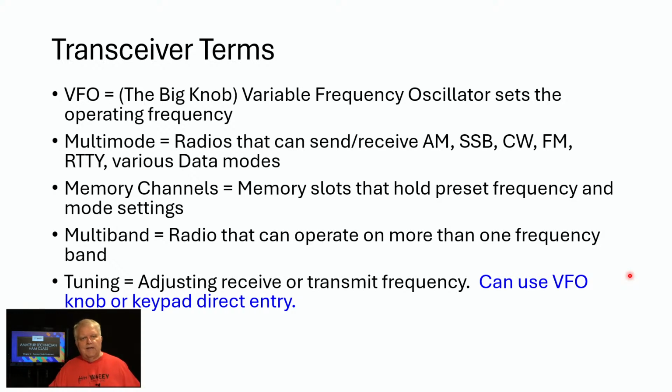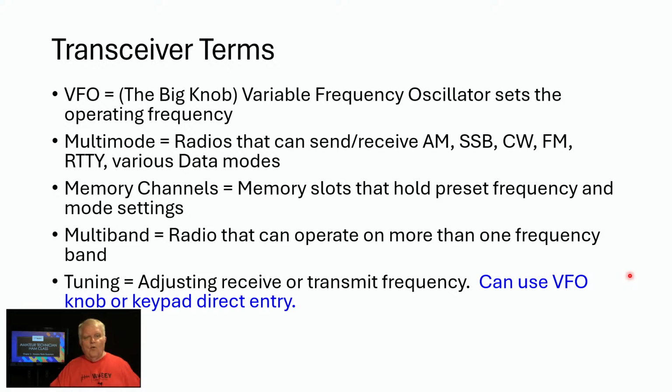That's kind of handy. Most ham radios for the HF bands are multi-band radios. They'll work on all of the amateur radio bands from 160 meters, typically up to the 6-meter band. So they're multi-mode and they're multi-band radios.